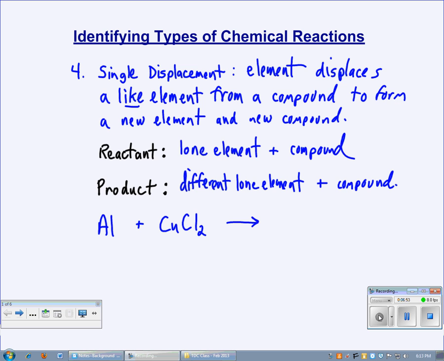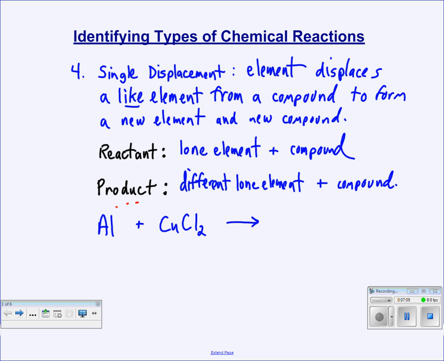Again, we examine our reactant pattern. We have a lone element, aluminum. We have a compound, copper 2 chloride. Aluminum, again, standing by itself, sees copper dancing with chloride, wants to cut in, wanders over and says, can I dance with your date? Okay.